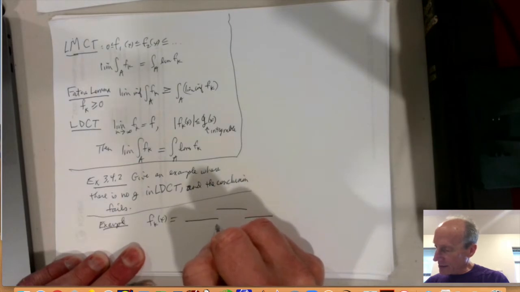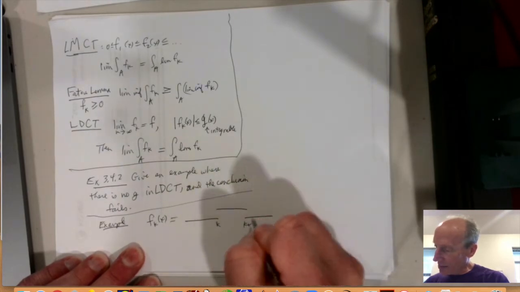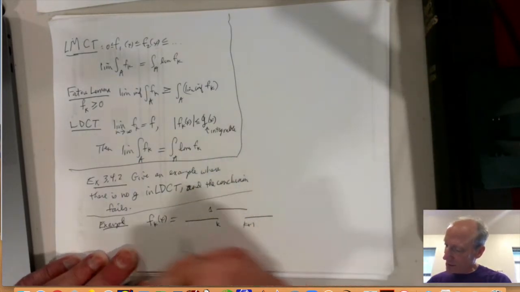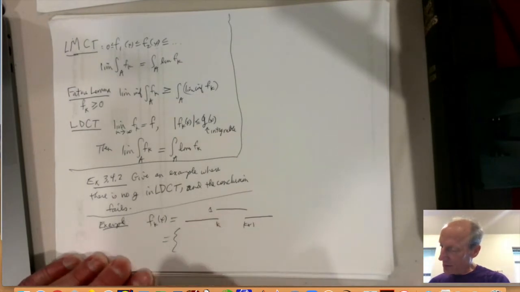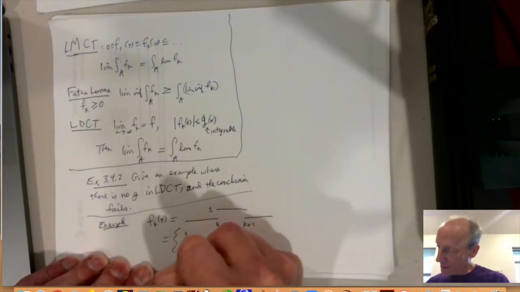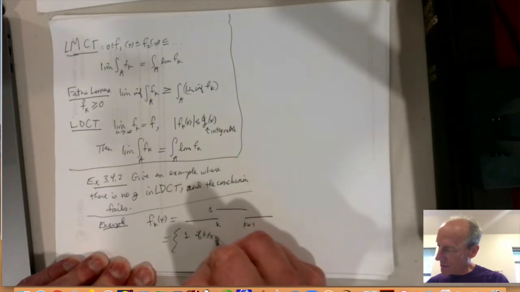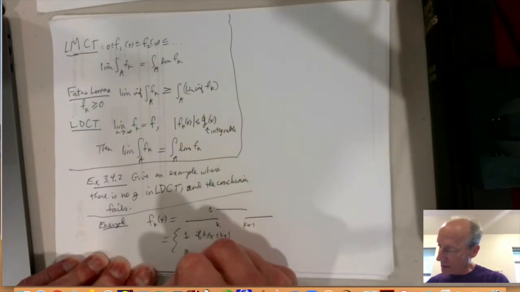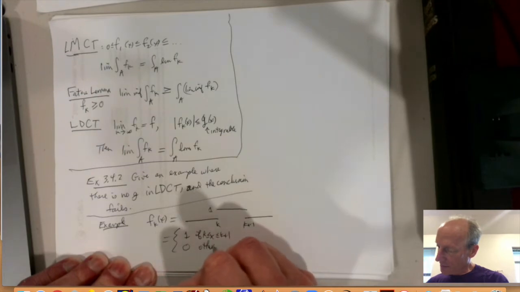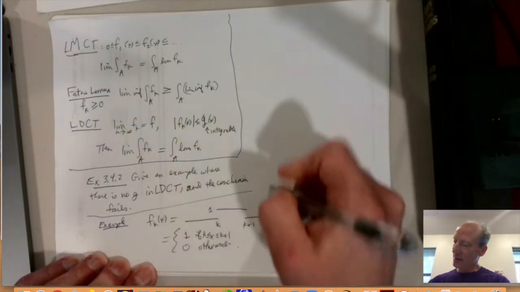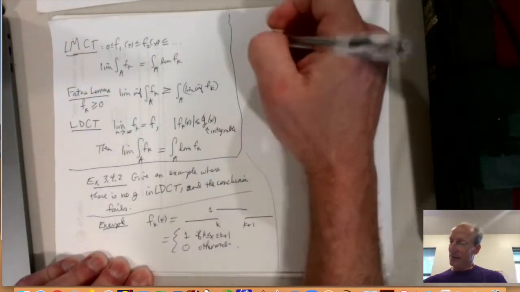Like this is k, and this is k plus 1, and this is 1. So if we wanted to write it in notation, it would be 1 if x is between k and k plus 1 and 0 otherwise.